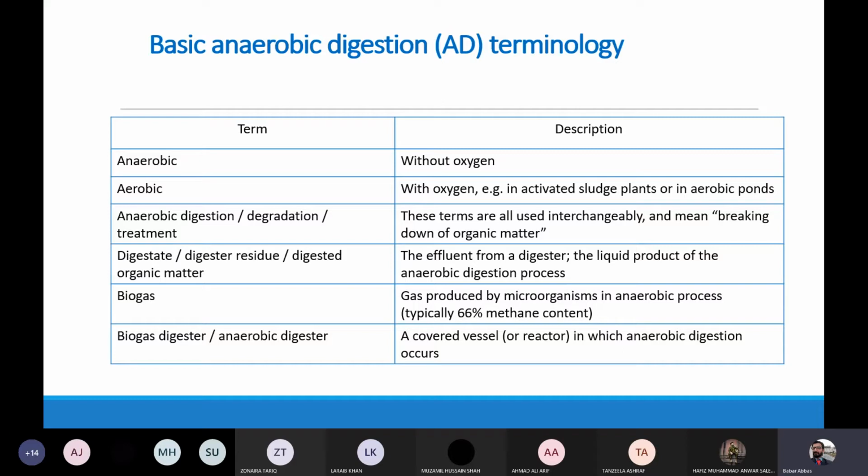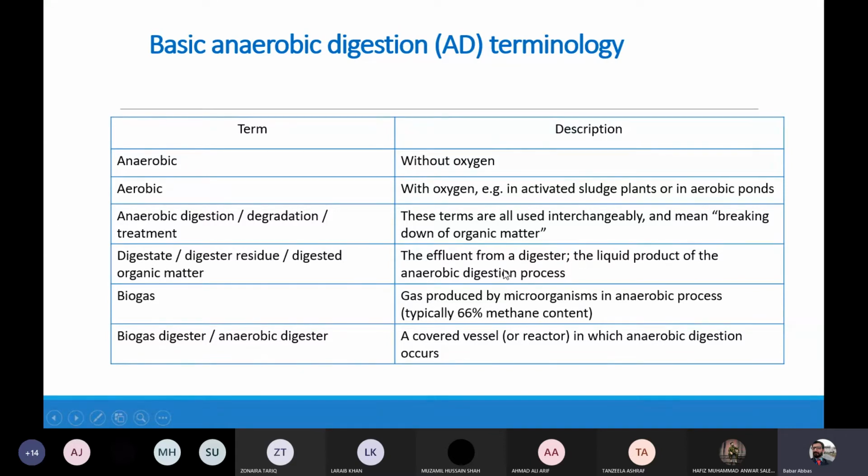Aerobic processes are those conducted with the presence of oxygen. Anaerobic digestion, degradation, or treatment is used interchangeably and means breaking down of the organic matter. After the breaking down of organic matter, we find two things. One is biogas and the other is digestate.